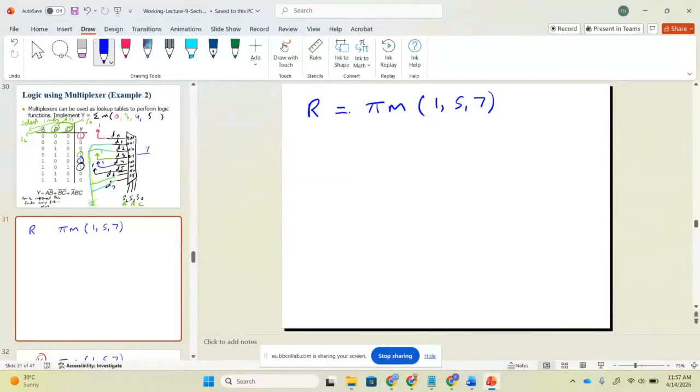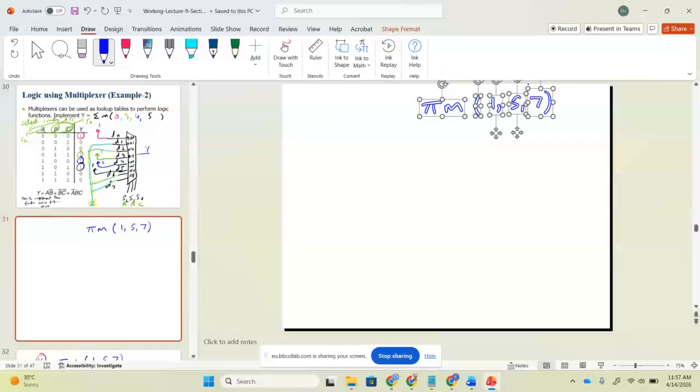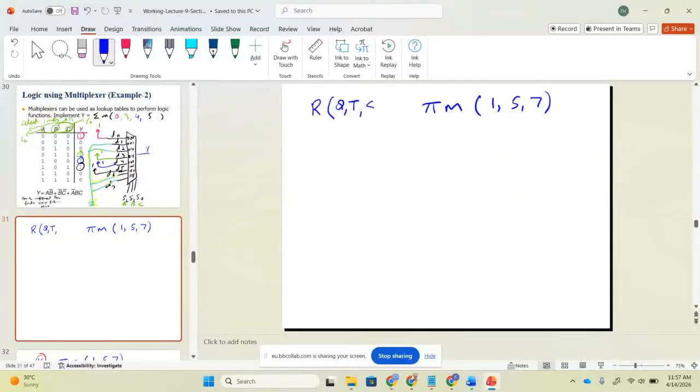R is equal to pi m, and R is a function of Q, T, and S. Got it?